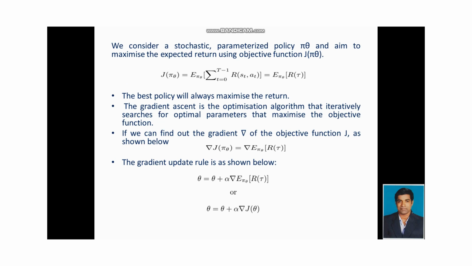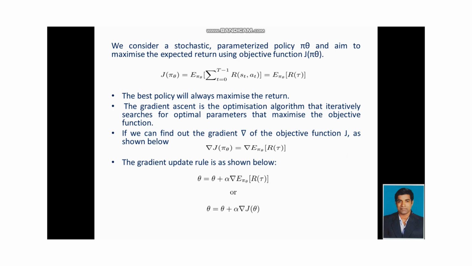The objective function J of pi theta is evaluated by summing all the rewards, that is why it is the expectation of R of tau. The best policy will always maximize the return.